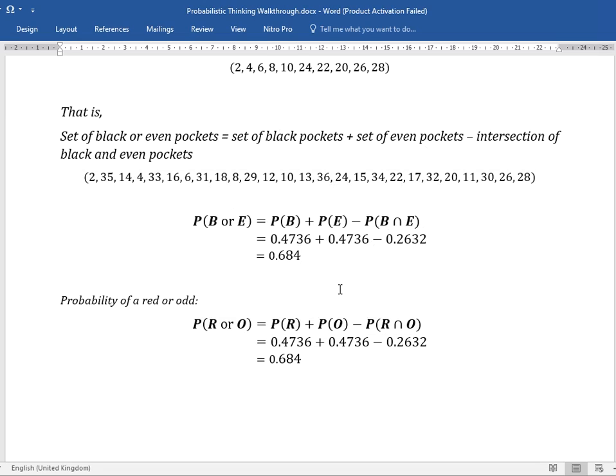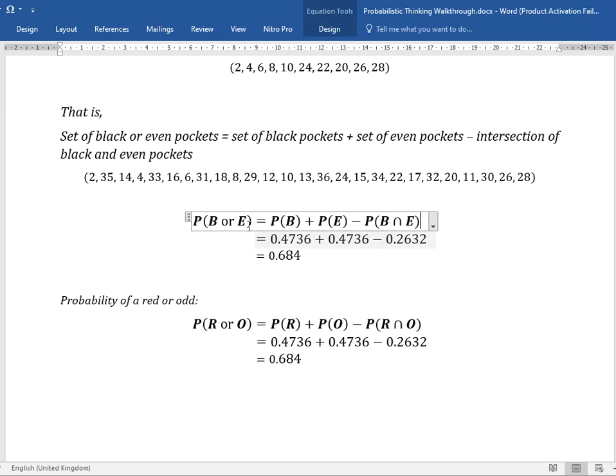Okay, but if you want to be more rigorous with your explanations, if you want to know how you arrive at that, we add this guy to both sides. All right, so that we are going to have plus P of B intersect E here on the left hand side, and by the time we add it to this side also, it clears out because negative this plus this is 0.